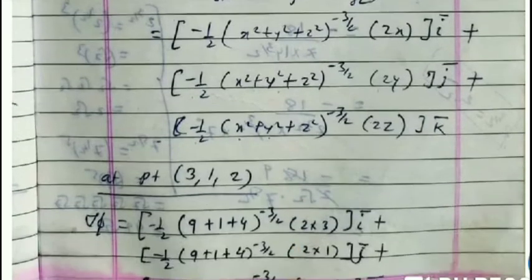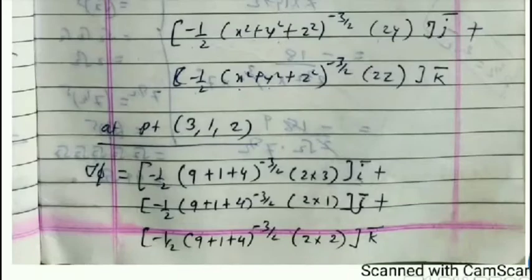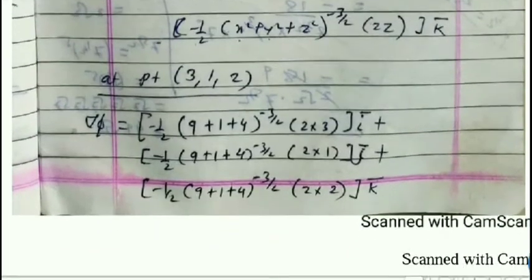Now we have to find this value of del phi at the point (3, 1, 2). Simply we will put the values of x, y, z and find the value of del phi.